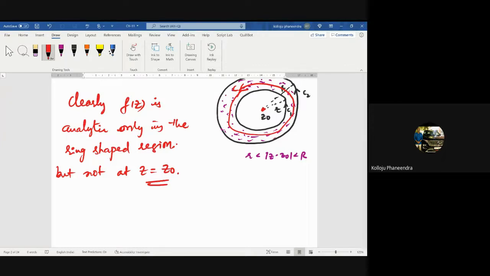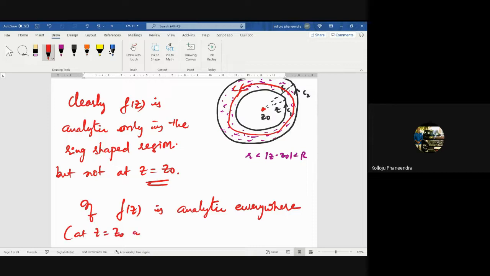For example, if f of z is analytic everywhere, at z equal to z naught also, then what happened? Everywhere analytic means there is no concept of a ring shaped region.